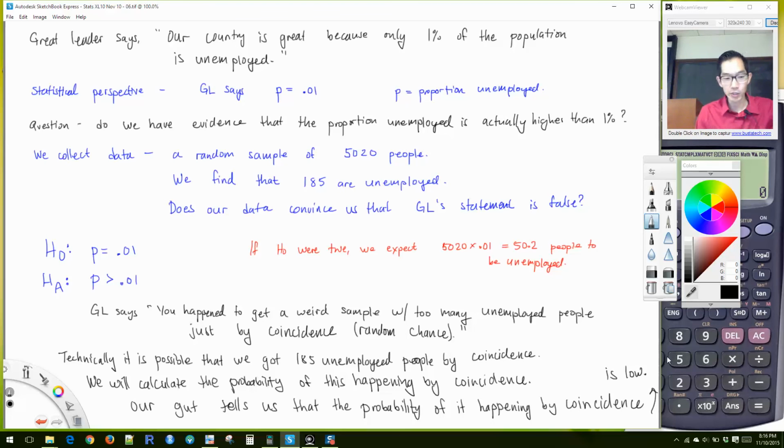And I'll let you guys write this down. I just want to make sure that this line of reasoning makes sense, because it is very important as it's going to play out in the rest of our lesson today.